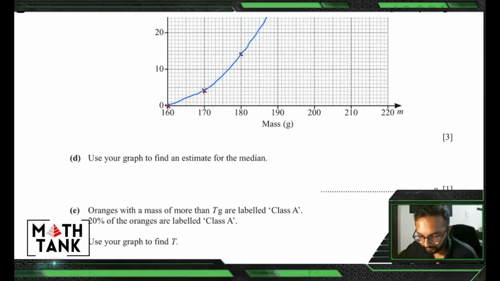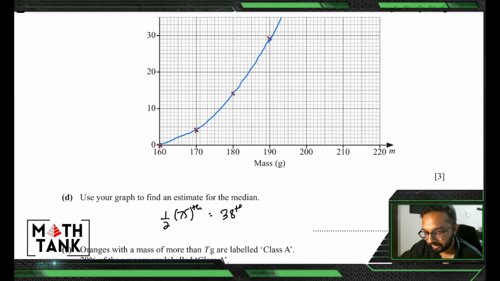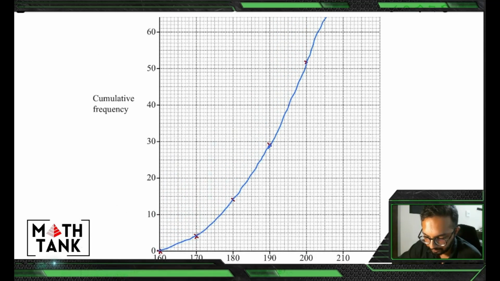Use the graph to find an estimate for the median. So I'm looking for half of 75, which is 37.5. I can't really read off 37.5, although there is a minor possibility that I could, but let's just go on to the 38th.